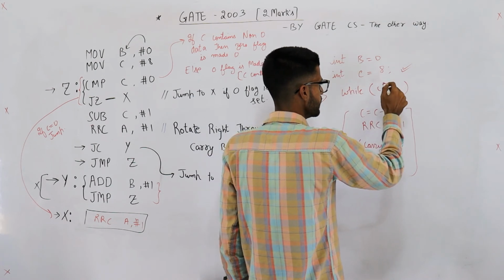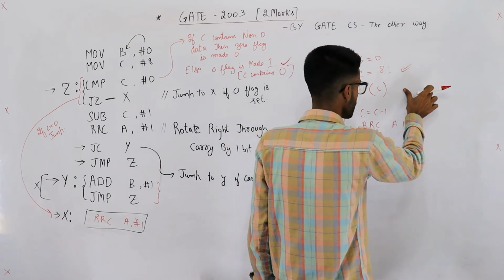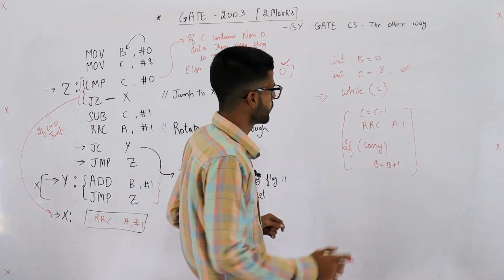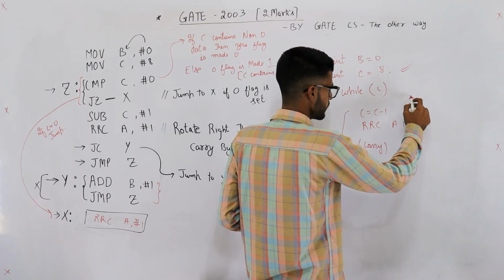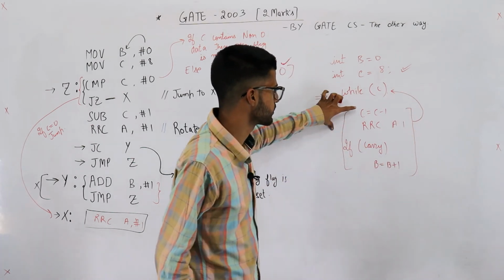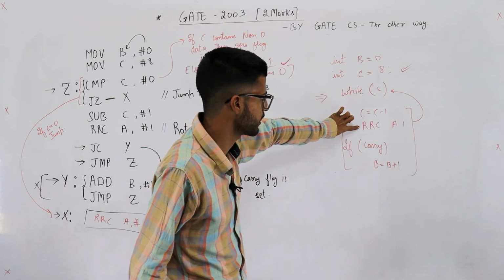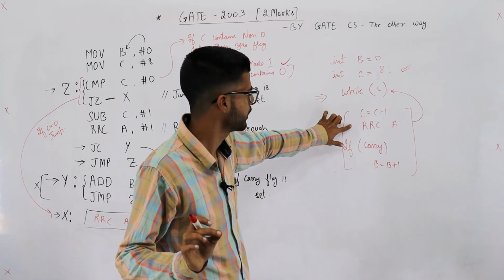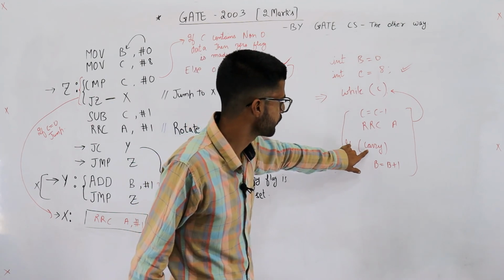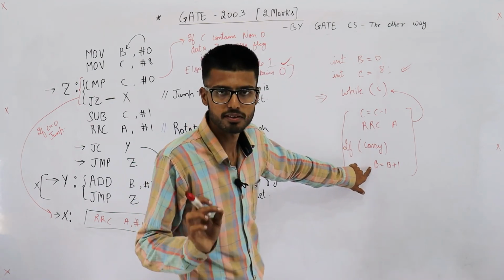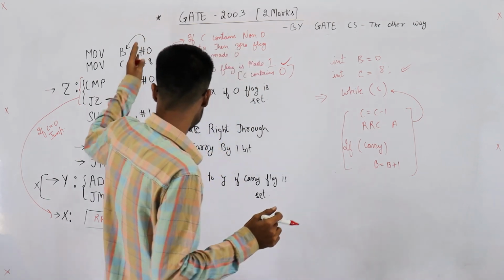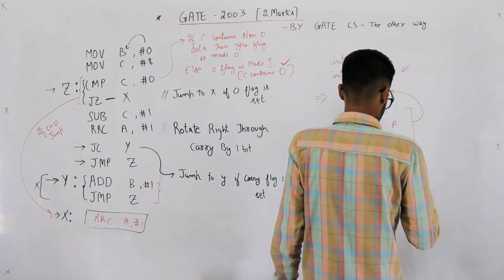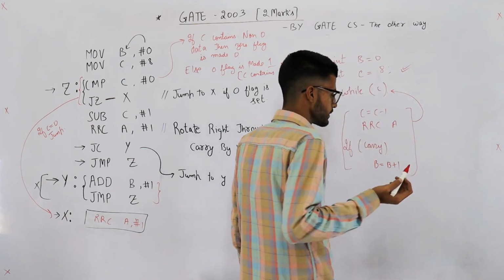So I'll prefer while C. Now while C, you just decrease it once. All this code is under this while loop. While C, decrease C once, rotate through carry the register A, and if the carry flag is set, just increment register B by 1. That's what this code is doing. Okay, so that's it.